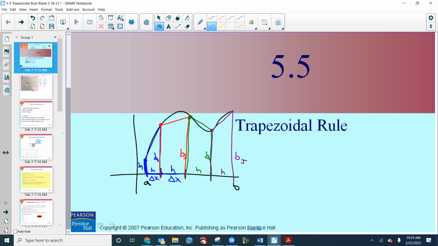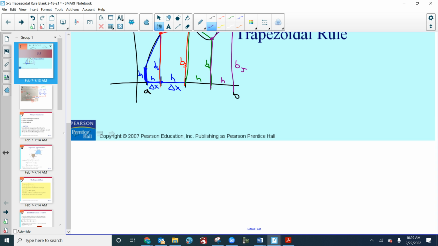So here we go. If there are 4 trapezoids, capital T is used for trapezoid area. Just like we called it RRAM6, LRAM6, capital T. The first trapezoid was 1/2 B1 plus B2 times H. Plus my next trapezoid, 1/2.